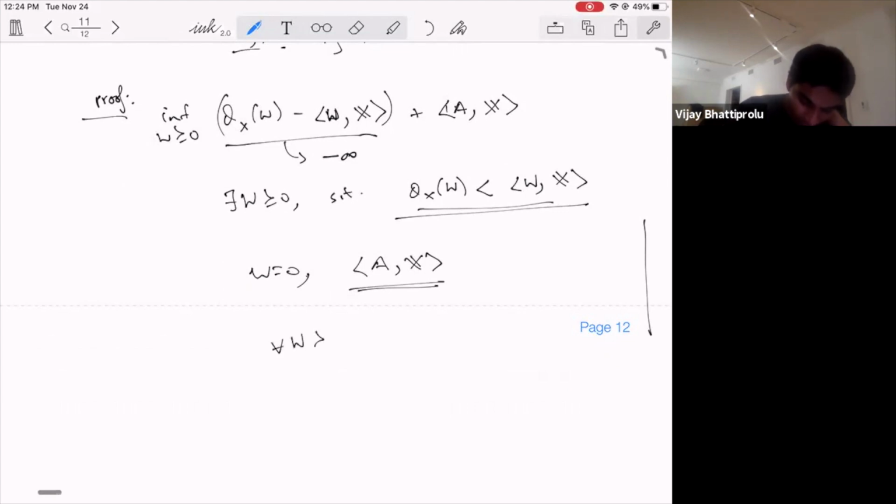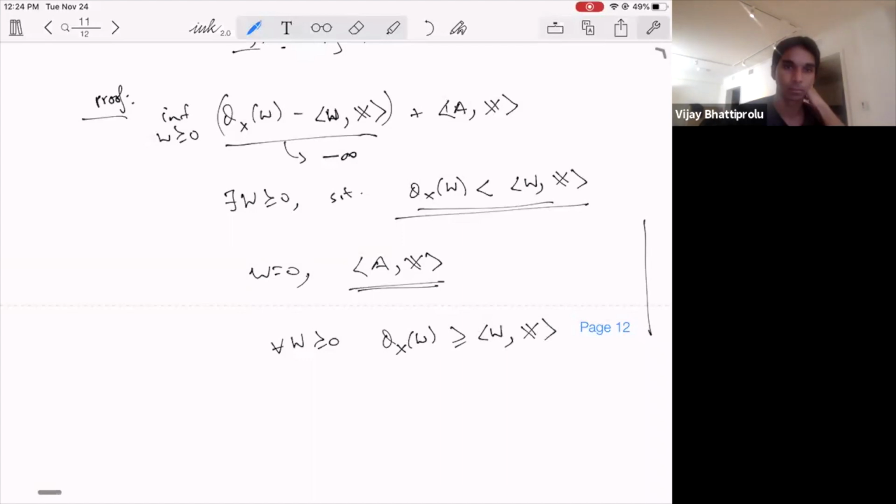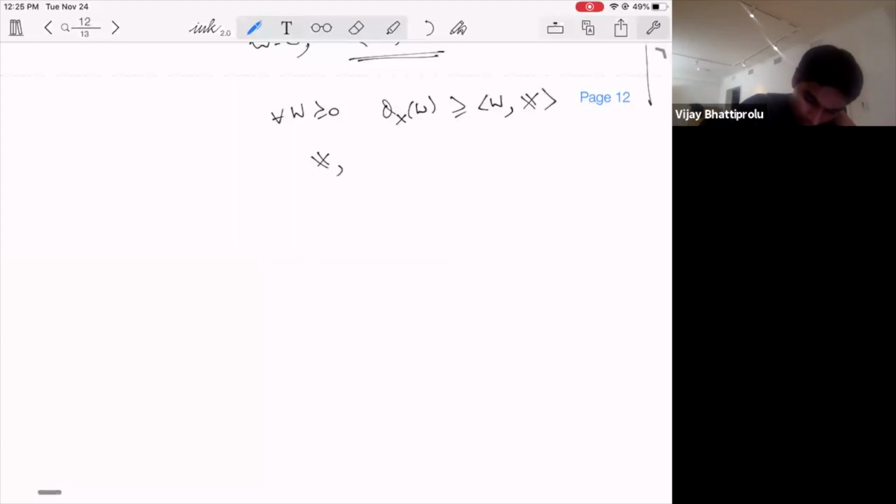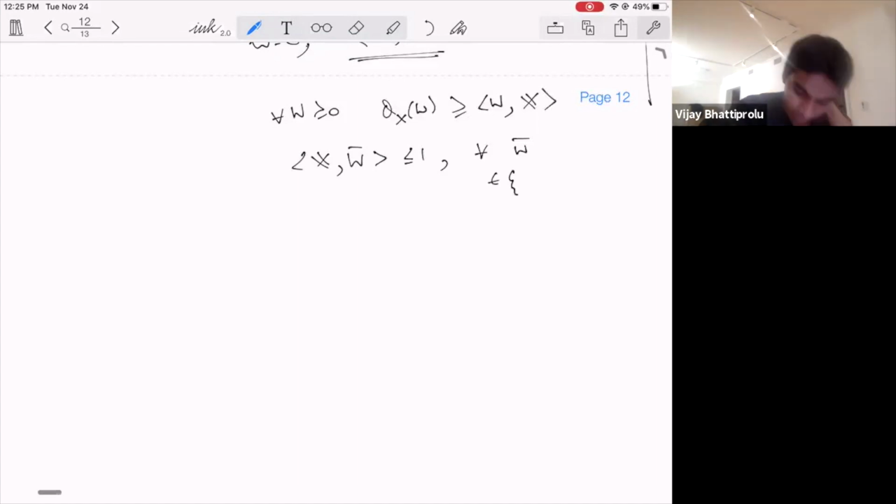That is, for all W that's PSD, QX of W is at least W inner product X. Well, this is actually saying that X inner product W bar is at most 1 for all W bar in the set of bounded PSD forms.